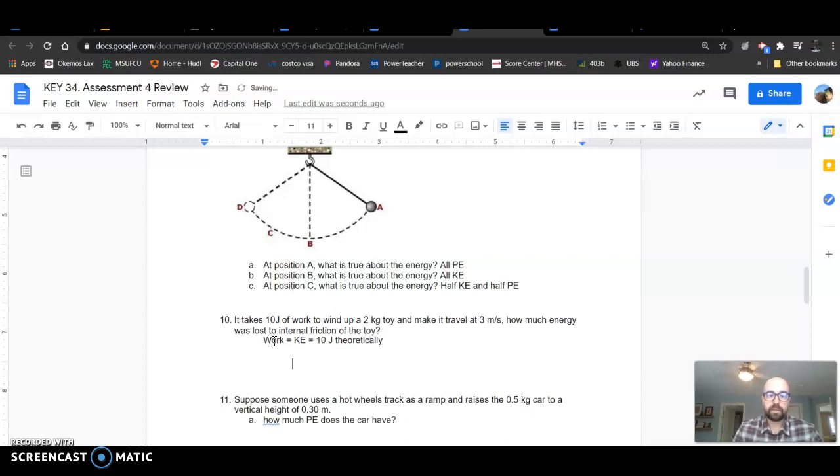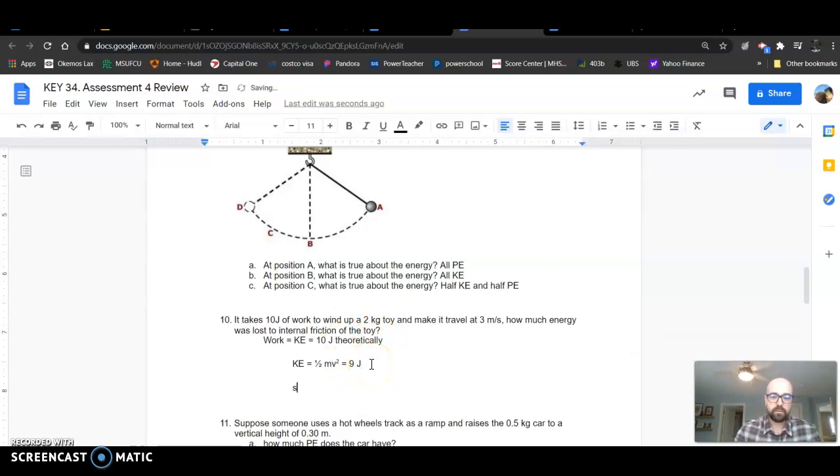But the kinetic energy equals 1/2 mv squared, and so we'll calculate that. Half of mass, so 1, times v squared, which is 3 squared. So it actually has 9 joules. It should be 10, and it is 9. So 1 joule was lost as heat, most likely due to friction on the inside of that toy.